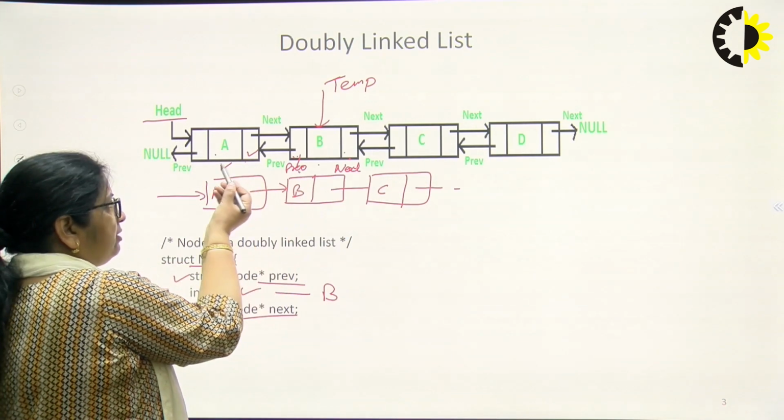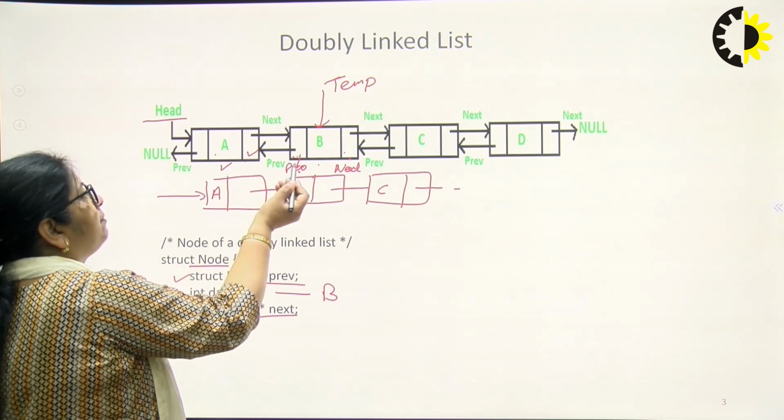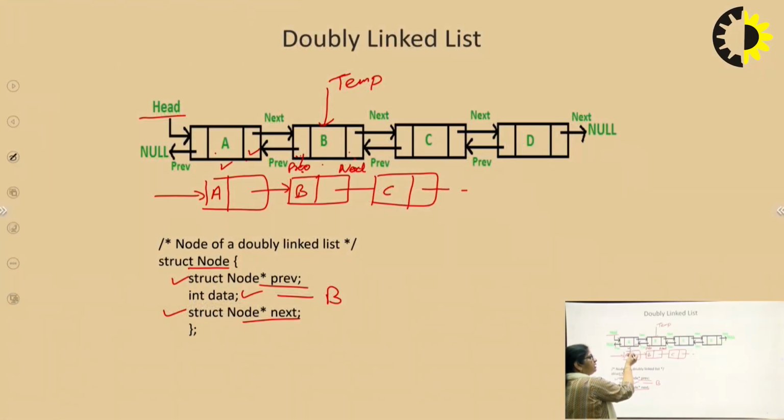The previous pointer contains the address of the predecessor, the preceding node, and next contains the successor, the following node. So this is the doubly linked list structure.